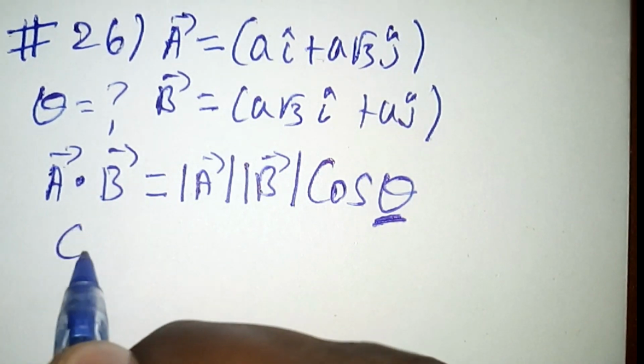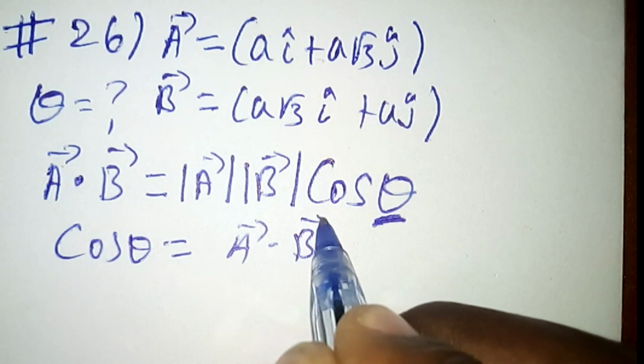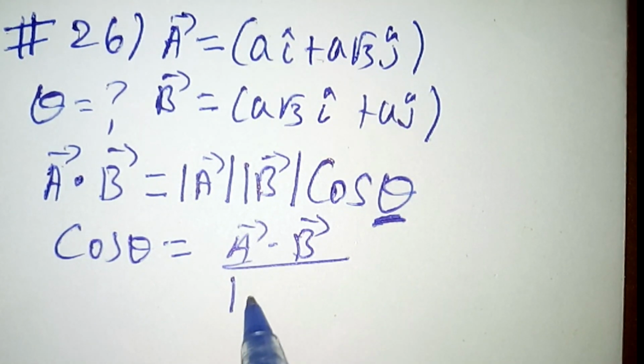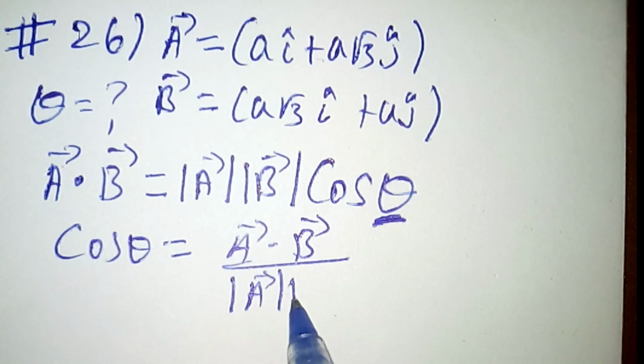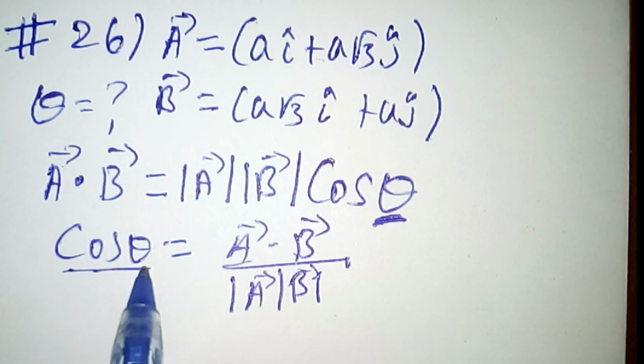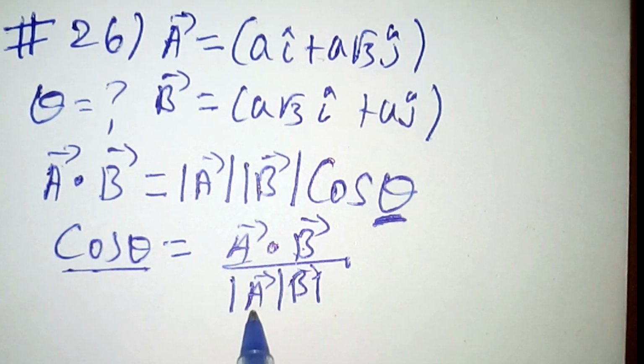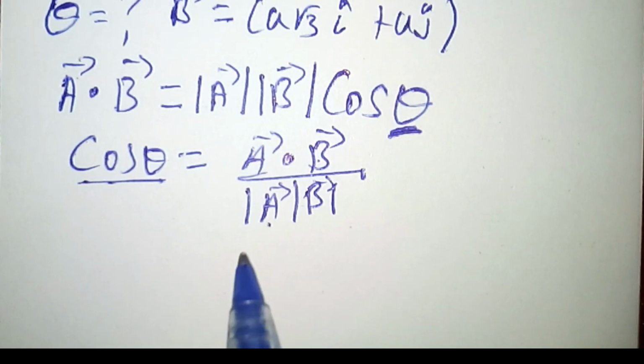That means cos of theta is equal to the scalar product of the vectors divided by the product of the magnitudes of the two vectors. So to calculate the value of theta, we first have to find the scalar product of A and B and the magnitudes of vectors A and B.